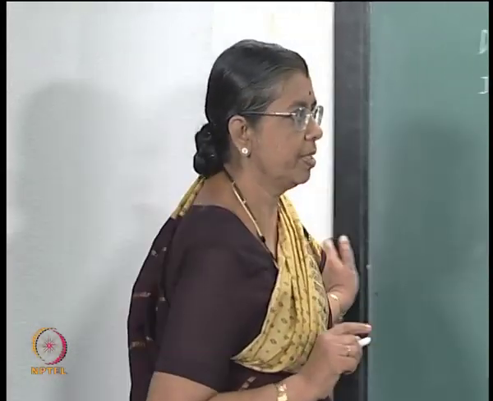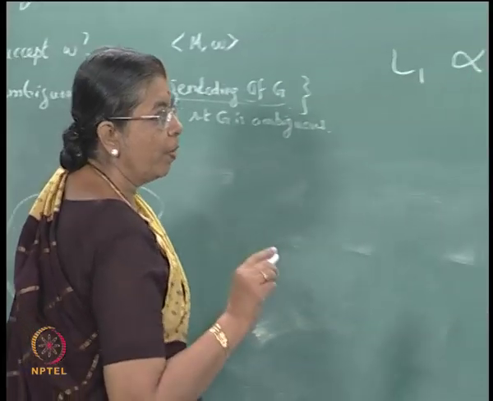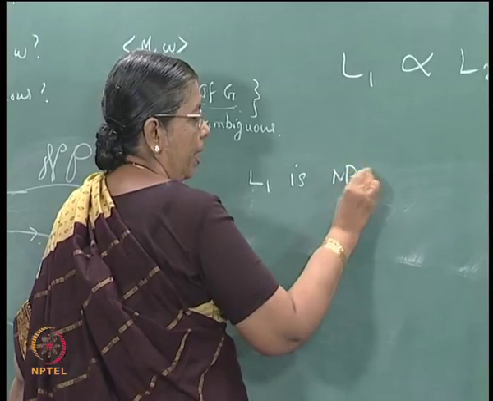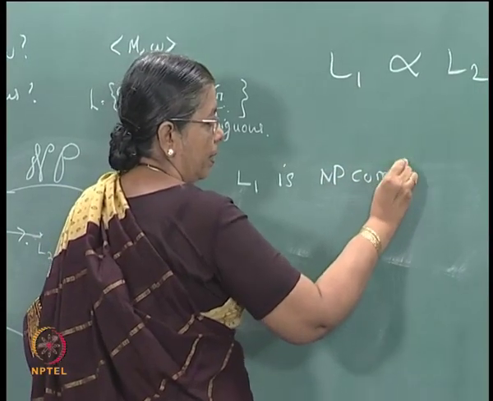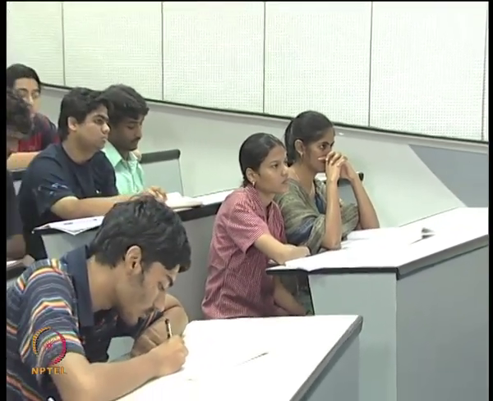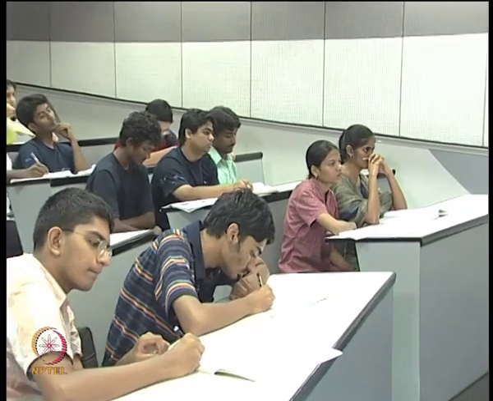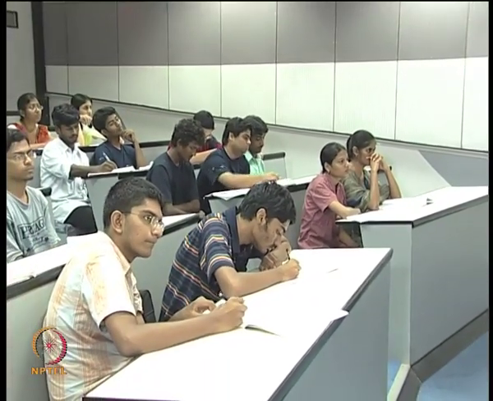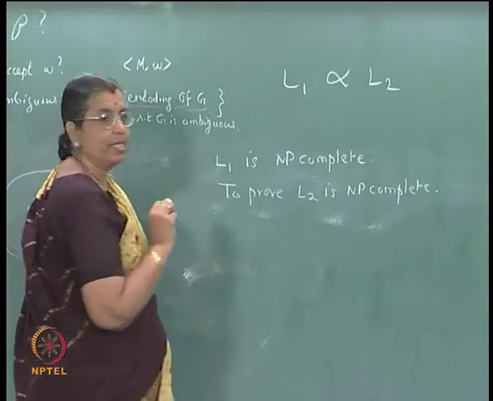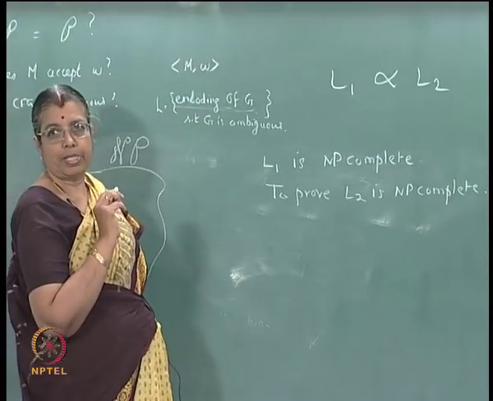How do you prove this? I know that L1 is NP complete. I want to prove L2 is NP complete. There are two conditions which have to be satisfied.